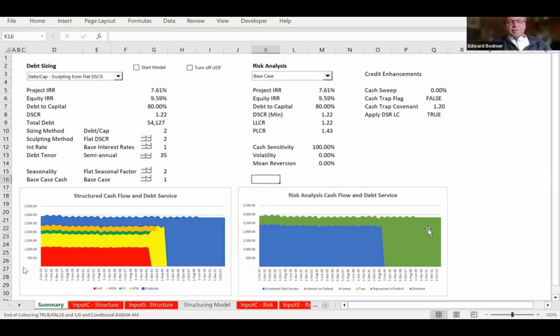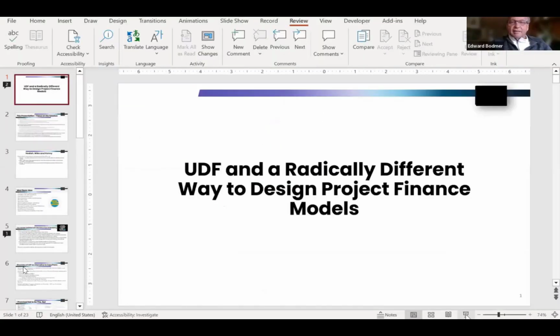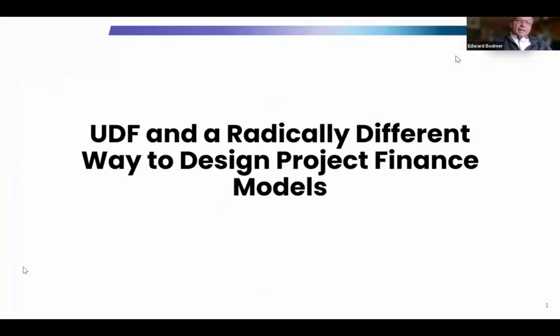Here's a little picture of the model we're going to look at in just a minute, and let me get started.